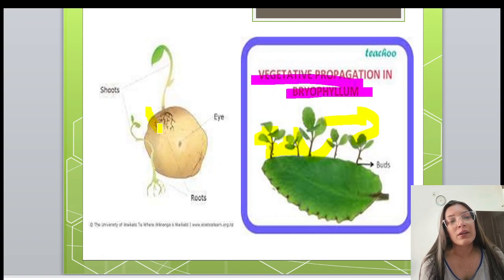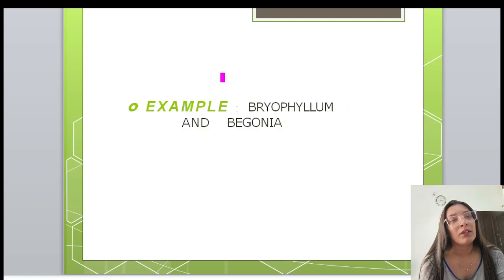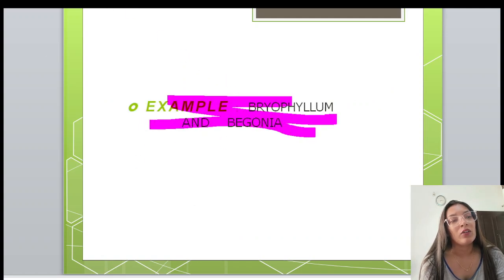If you cut this particular section and plant it in the soil, will the new plant come or not? Yes, it will come. This is how it works and is called vegetative propagation. So the previous plant is giving a new plant, begonia.